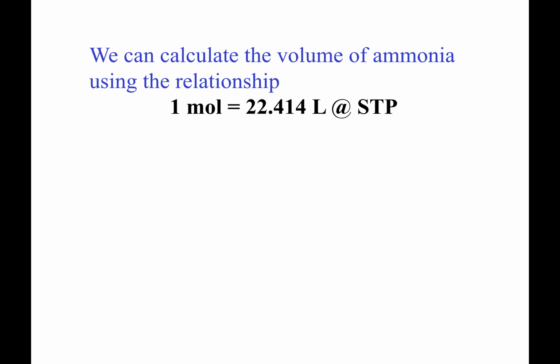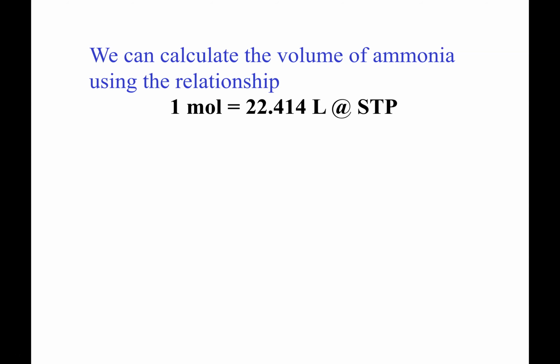Instead of going back to the ideal gas law equation, I want to revisit standard temperature and pressure. We know that 1 mole of any gas is going to be equal to 22.414 liters. You could write that on your sheet if you wanted to. And we're going to use that to our benefit.